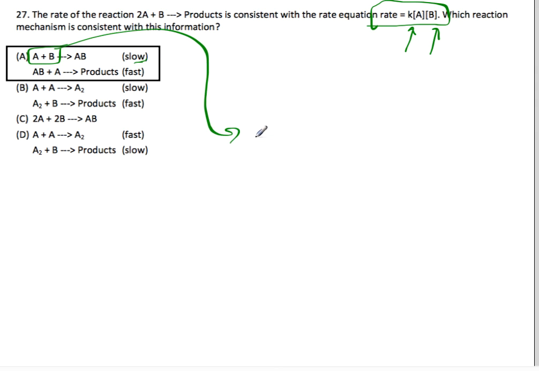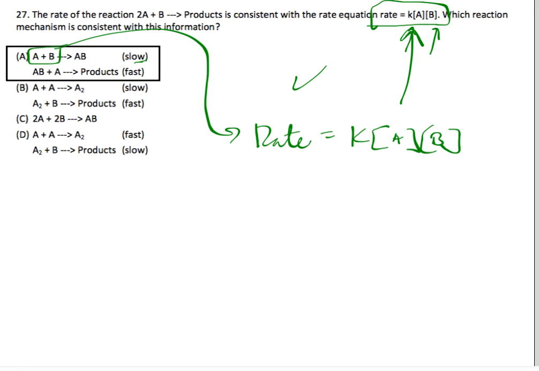So when I go to write the rate law, that's the only time you can use coefficients. Otherwise, remember, the exponents are always determined by experiment only. That's why we have the sandwich problems, like problems 3 and 4 on the review. So I'm going to go rate is equal to A to the first and B to the first, and that is the correct answer because it matches the rate law. Very similar to the free response problems we did.